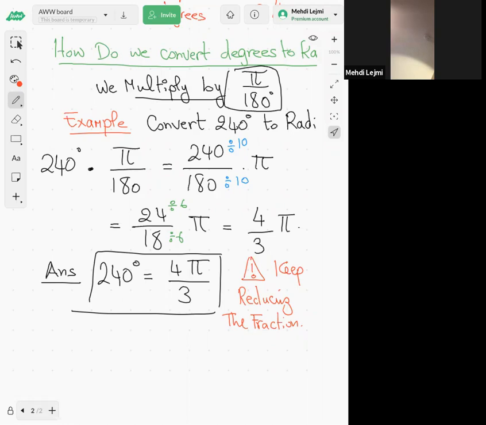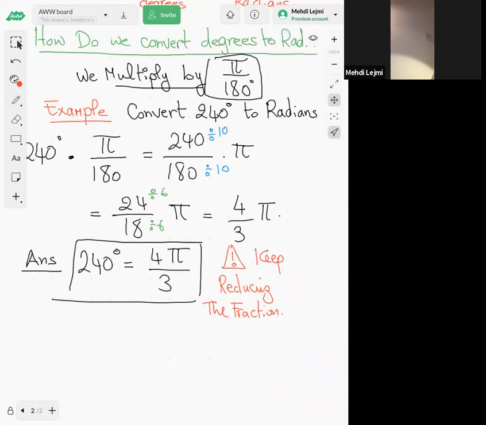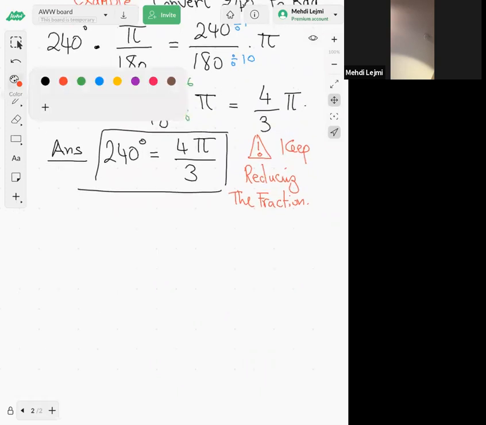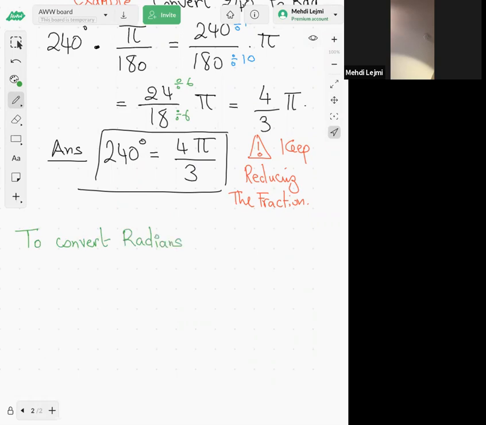Now the other way, of course, to convert radians to degrees, we have to multiply by 180 over pi.